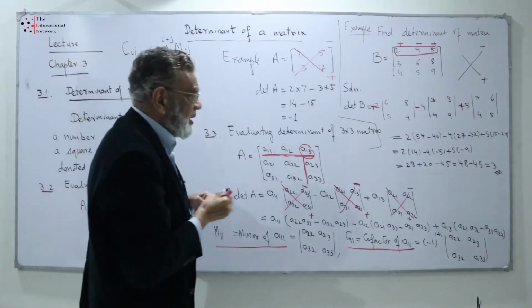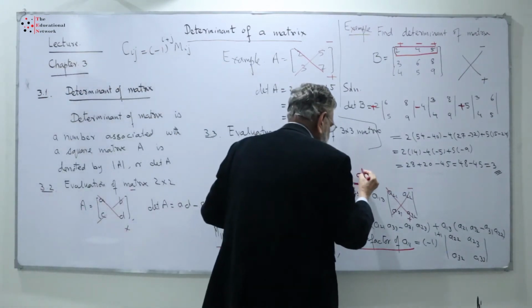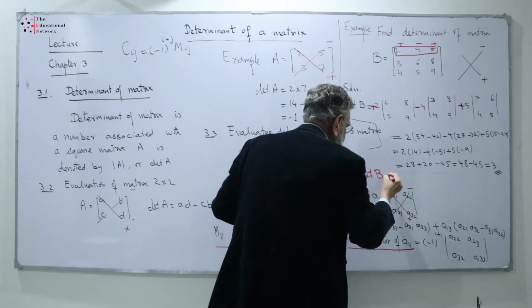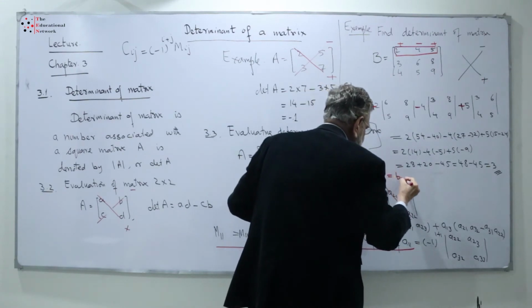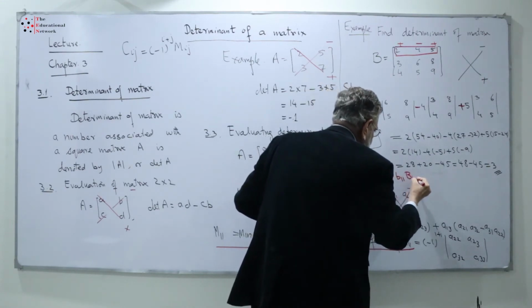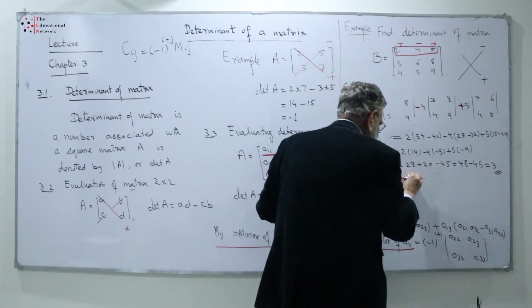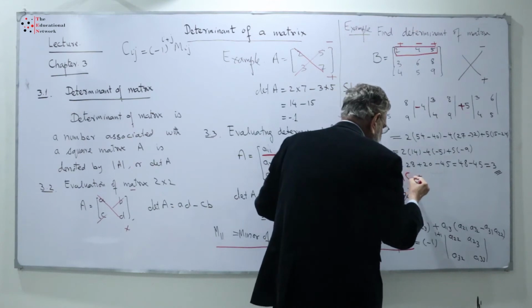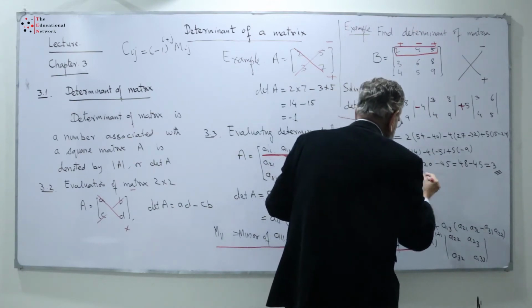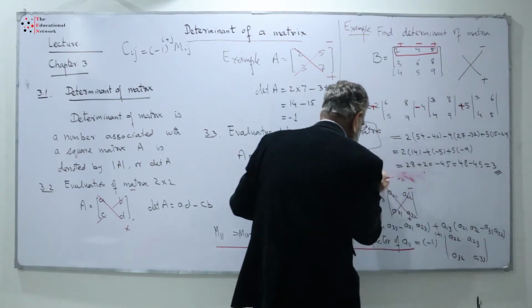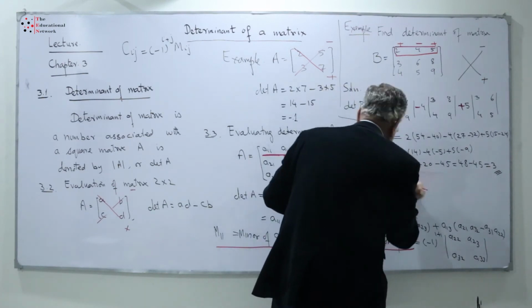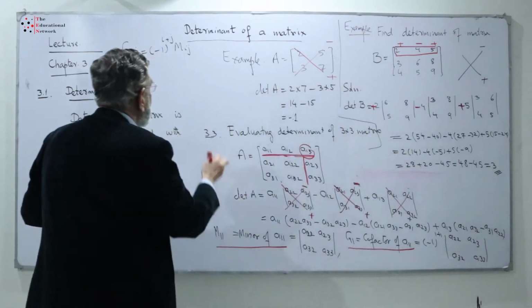So we are having here, we say determinant of B is equal to B11, and then cofactor we write here C11, then B12. I write from my result related to this matrix A, that will be better.